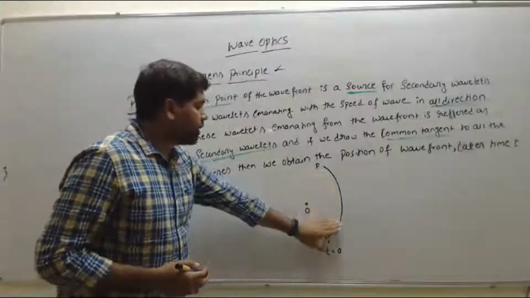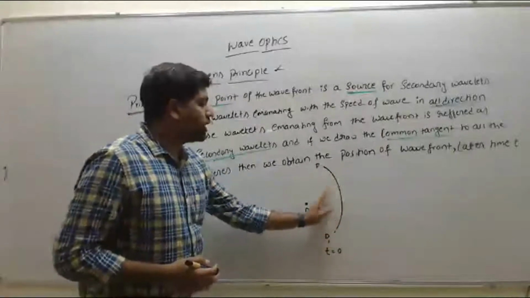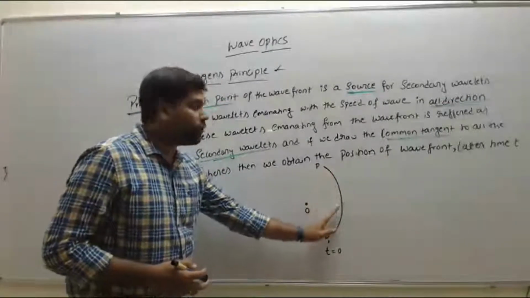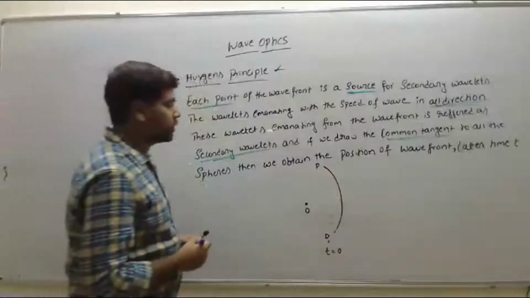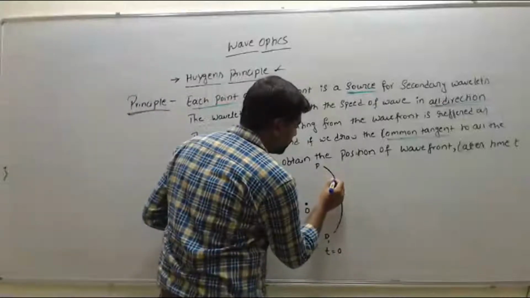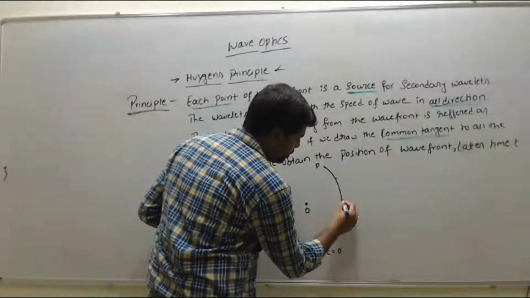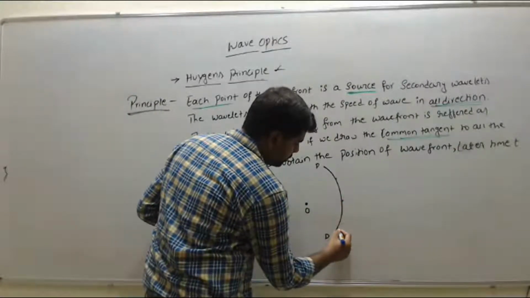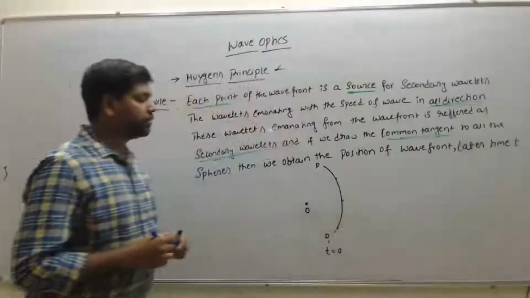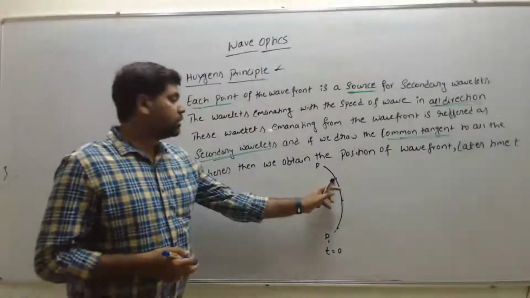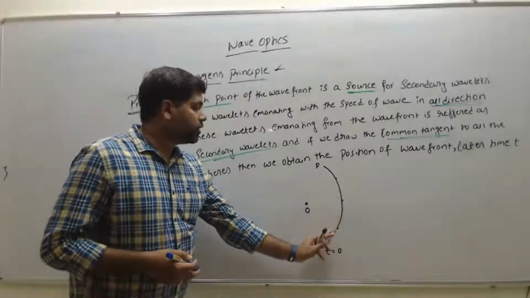Next, this wavefront has a number of points. Here I am taking 1 point, and here 1 point, and here 1 point, right? So I am considering 3 points on this wavefront.